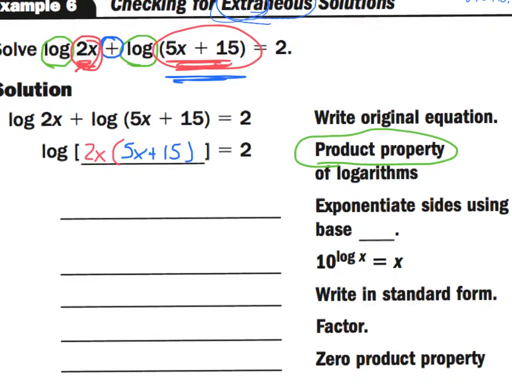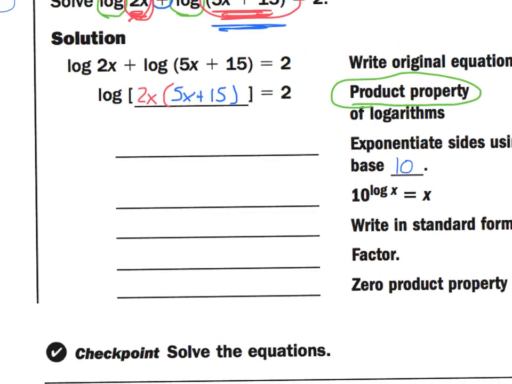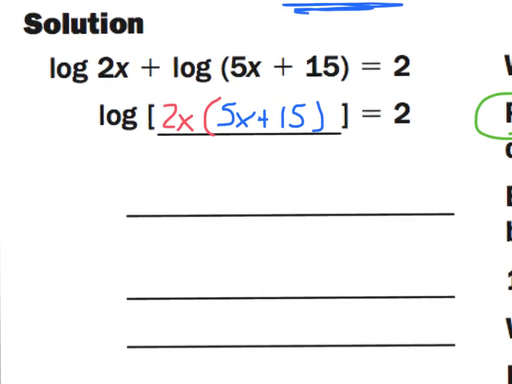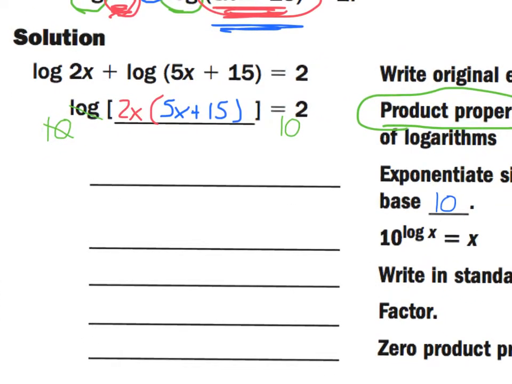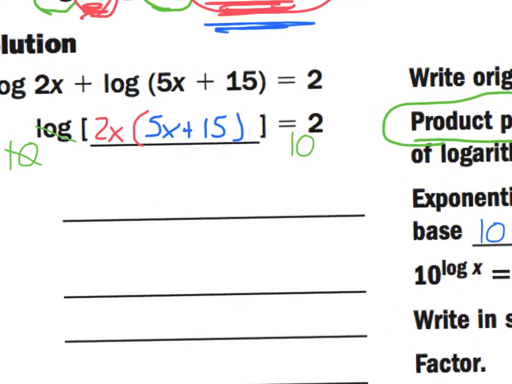But I am going to exponentiate each side using a base of 10. So remember, make a big fat 10 there and a big fat 10 there. So what happens here? The 10 and the log drop out. So I can bring down the exponent. Where'd you get the 10? The question is, where did I get the 10?